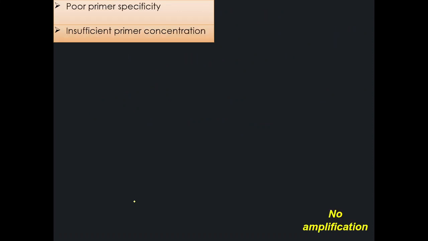Besides this, there could be other problems. The problems could be poor primer specificity, meaning the primers can bind to some other place, or the primer has been degraded because of freeze-thaw cycles. That's why it is always advisable, whenever a primer comes into a lab, to handle the original stock carefully.